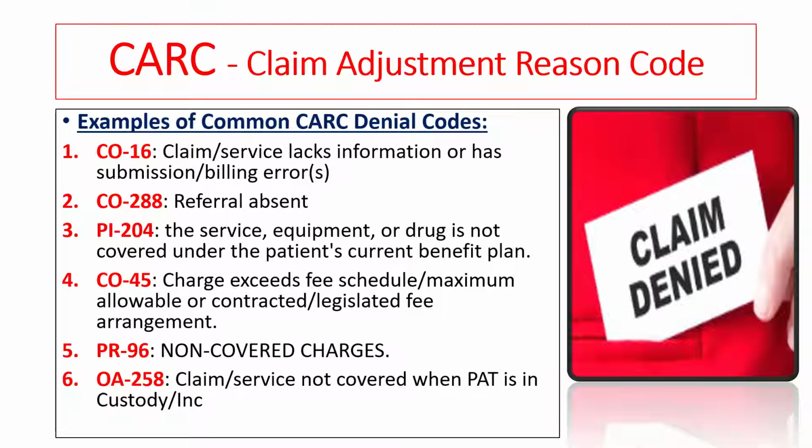Whatever the paid amount is paid to the doctor, the leftover amount is adjusted as per the contractual fee arrangement between the doctor and insurance. Whatever the leftover amount is, it is nothing but adjustment. So by seeing this CO45, we have to understand that the claim is paid to the doctor. If a paid amount is there, we can adjust the remaining amount as contractual adjustment.